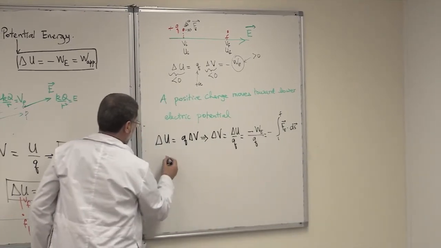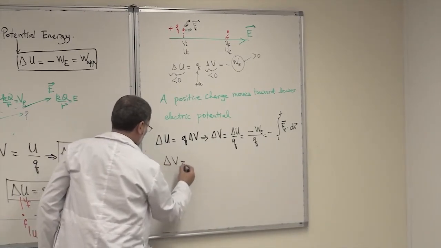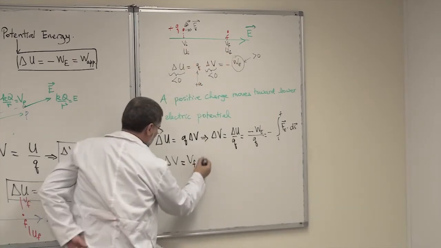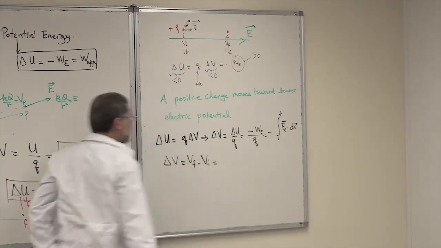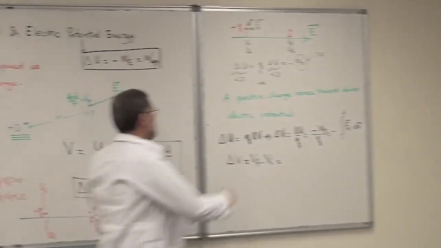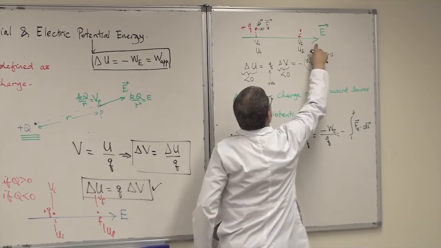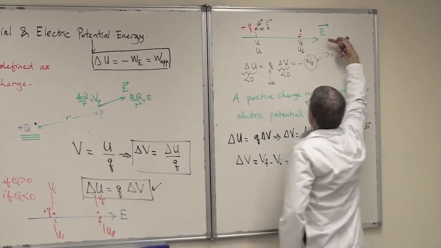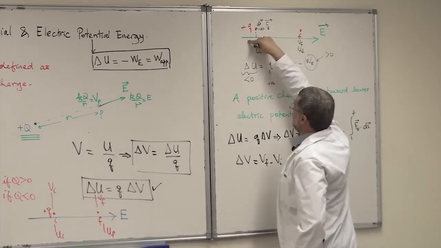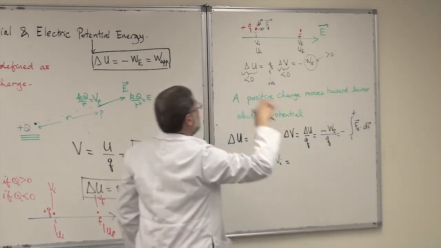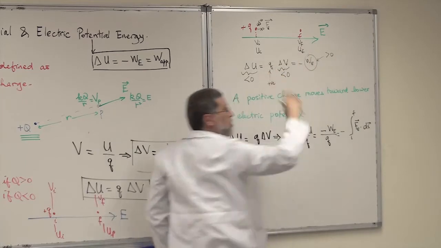So delta V, the change in potential between this point and this point, which is V final minus V initial, we know from here is negative. The potential here is less than the potential here. Please remember this. You look at the direction of the electric field. If I reverse the electric field in this direction, the potential here will be less than the potential here. So as we move with the electric field, the potential should decrease.